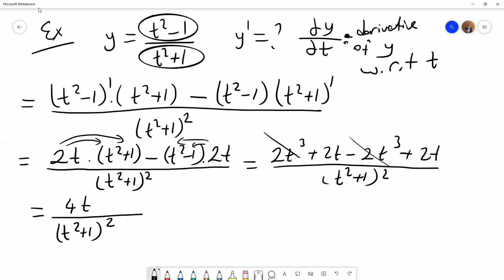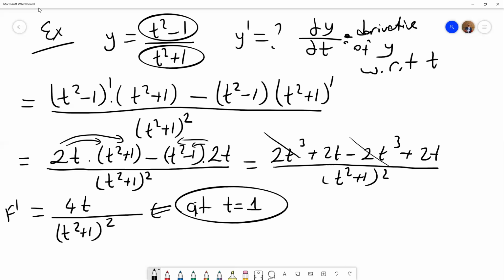If there is a question like that, find the tangent or find the slope of this function at t equal to, maybe, 1, we have to put 1 into this f prime.